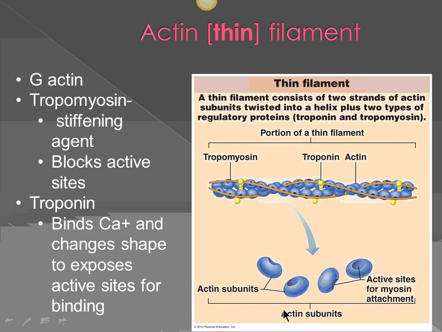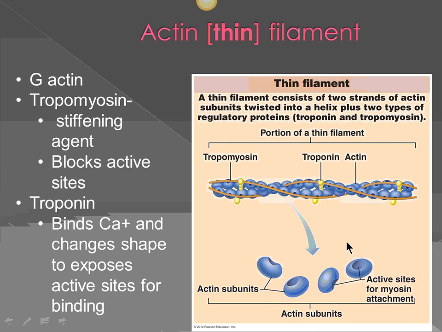If you look at this picture up here, this is the G-actin. These are the subunits, and these are little sites which are called the active sites for myosin. What happens is the myosin attaches to the actin. It will attach to the actin like this and pull the actin towards the center, and that's how contraction occurs.